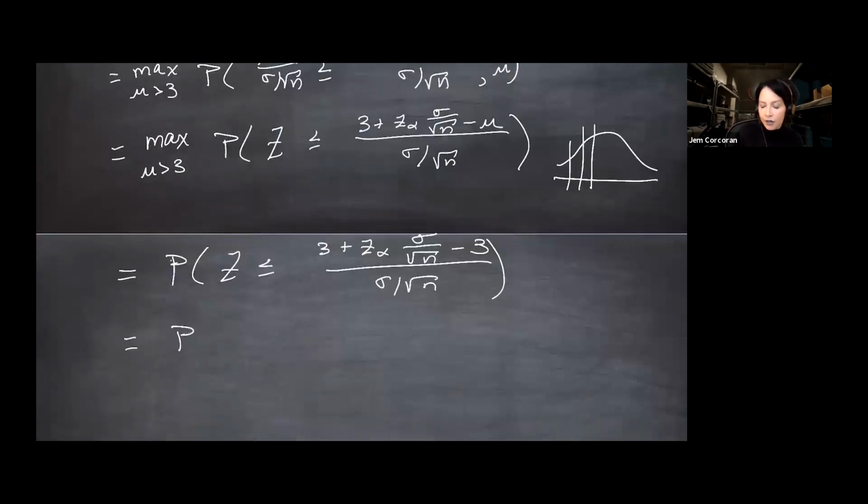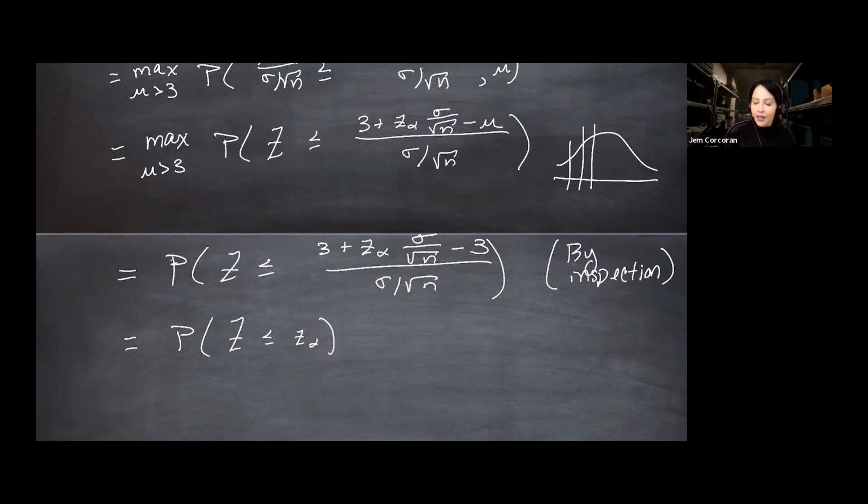And again, that was by inspection, but sometimes you might have to do calculus at this point. This is the probability z is less than or equal to, and everything cancels out there except a little z sub alpha. And the definition of little z sub alpha was a critical value on the standard normal curve that cuts off area alpha to the right, and therefore area 1 minus alpha to the left.